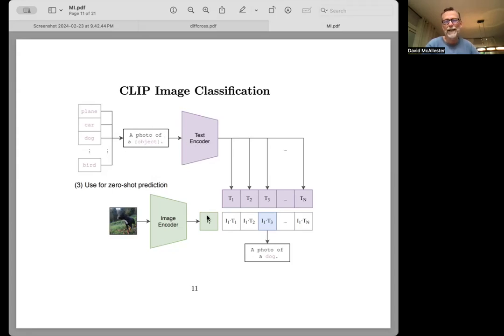I ask my CLIP model to predict which text scores highest for this image. Presumably the text "a photo of a dog" will score higher if this is actually a picture of a dog than "a photo of a cat." So you can use this joint space to classify images.